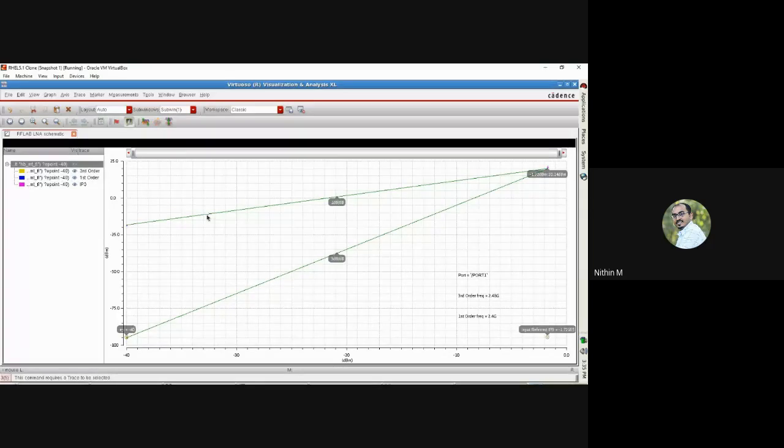I hope this is visible, right? Yes. Okay, so this is the way, and the simulator is giving me a value of minus 1.72 dBm.